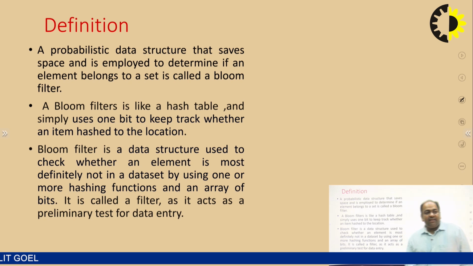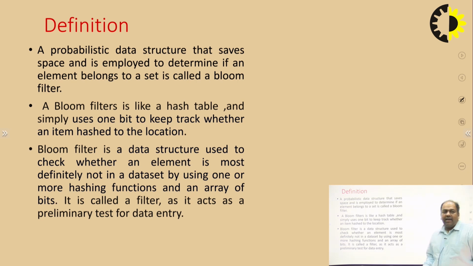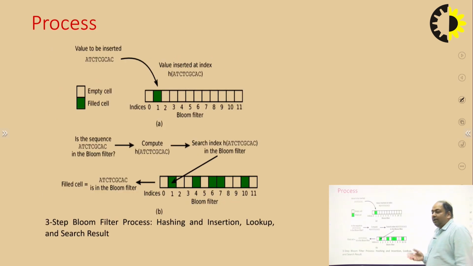When we check whether the element or event is in the dataset or not, using an array of bits, we call it a filter, and it acts as a preliminary test for data entry. What is the process of that? Like there is some data, we have an array of 11 elements.